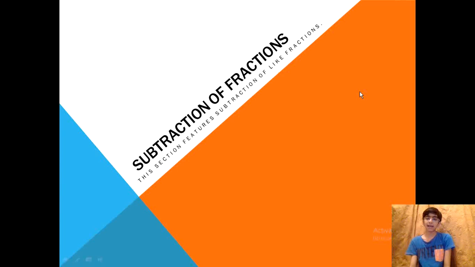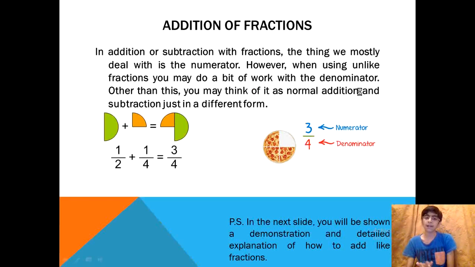Otherwise, this can be seen as normal addition and subtraction, but this is actually a different form of addition and subtraction. Here you can see some pictures which show how to add, but these don't show the complex method. Now in the next slide we are going to learn how to deal with addition of fractions.